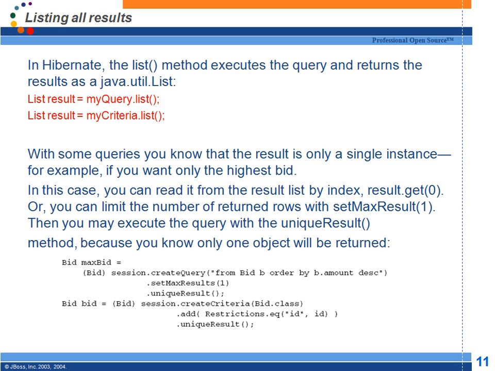See here, from Bid b order by b.amount descending. So the highest bid will always be on top, right? It is ordering by amount descending. So the highest bid is on top, right? Now on this, I am setting max results to 1. So will I get the highest bid?